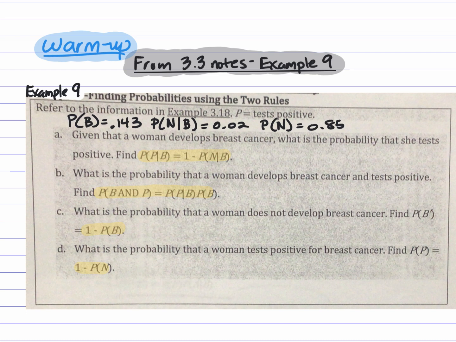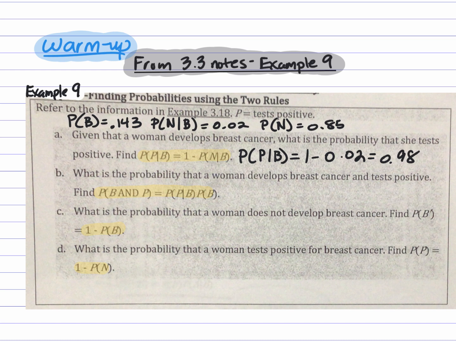So the probability of a positive test, given that she has breast cancer, is equal to 1 minus 0.02, which is 0.98.